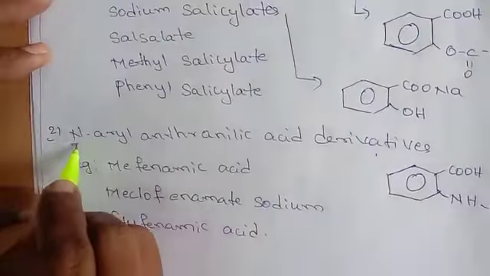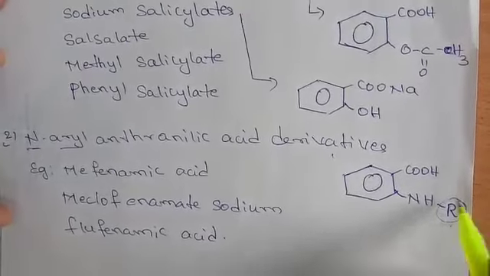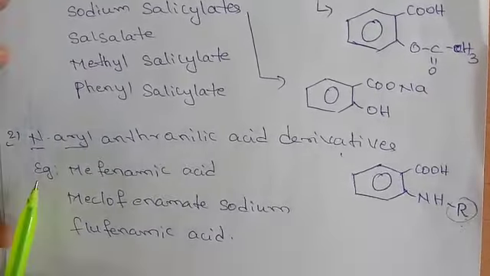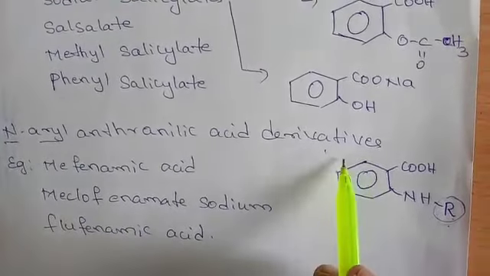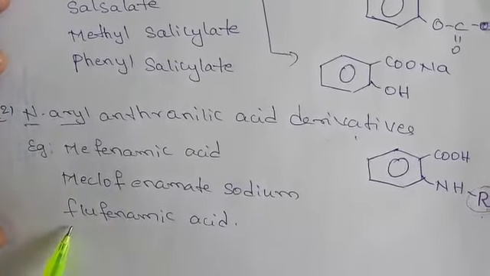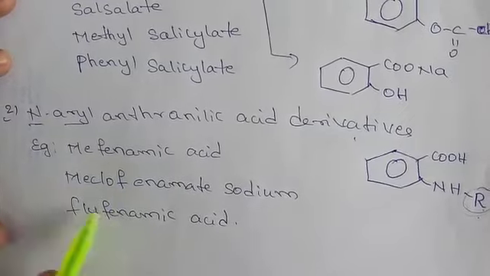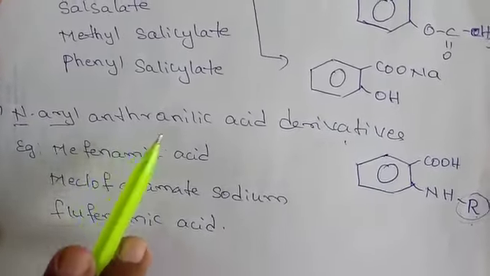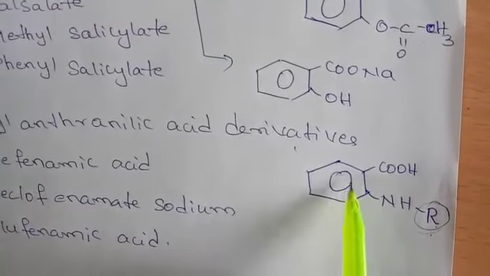Since it is N-aryl anthranilic acid derivatives, this R will be the aryl group. The examples are mefenamic acid, meclofenamate sodium or meclofenamic acid, and flufenamic acid. These are the examples for N-aryl anthranilic acid derivatives, which have this basic structure.